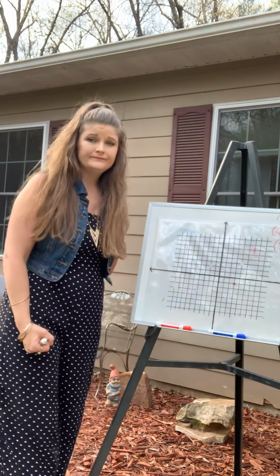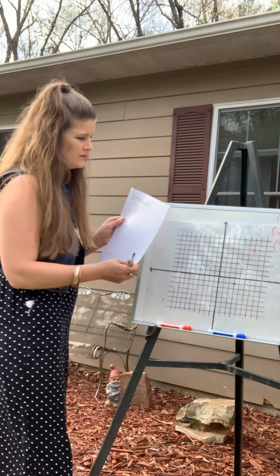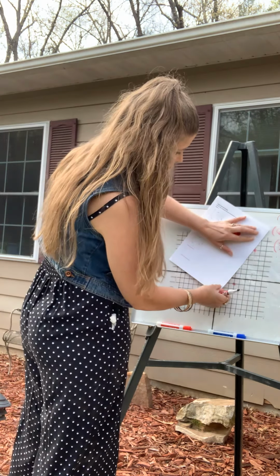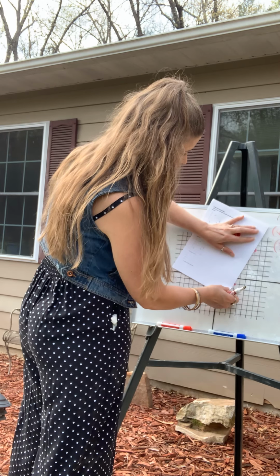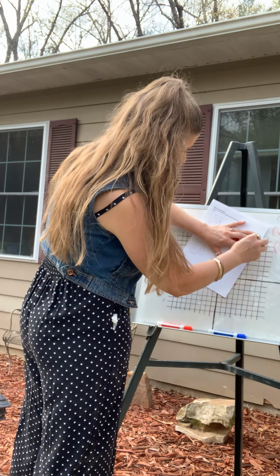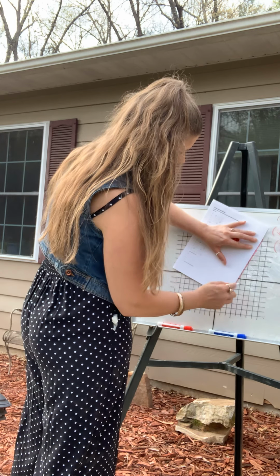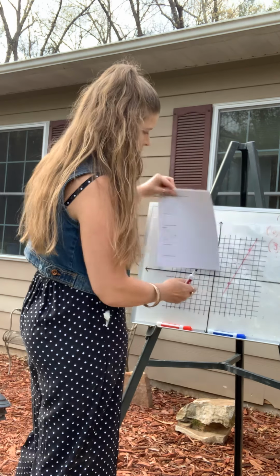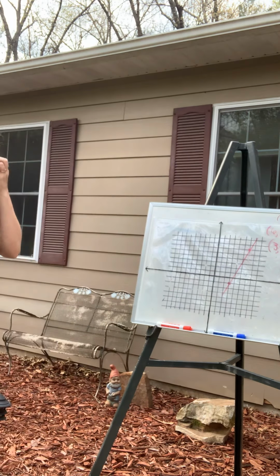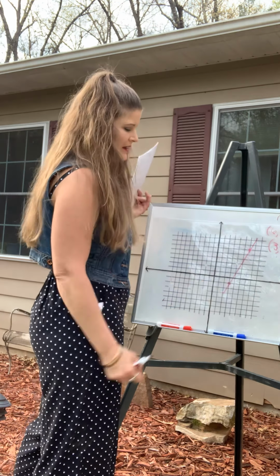I can create a line out of these. All I have to do is make sure that I'm connecting from the point to the point, and now I have a line. Okay? These are 2 defining points in this line.